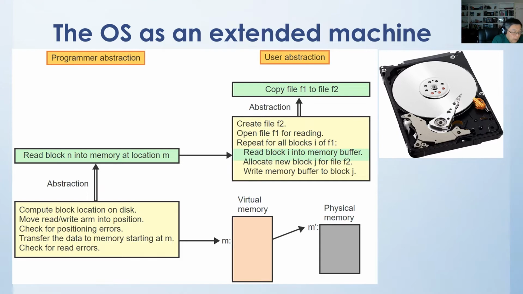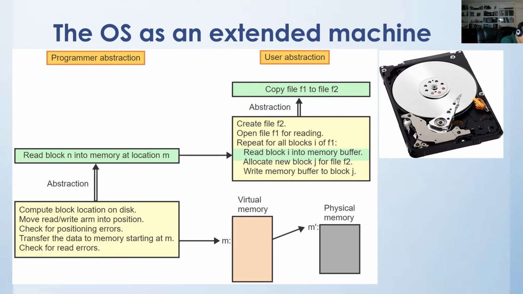Okay, let's take a look at an example. This is an example from the zyBook, section 1.1, participation activity 1.1.2. The zyBook gives you an illustration so you can understand this concept more clearly. Let's assume we want to copy a file from a hard disk into a memory location, M. Let's look at the lower level.